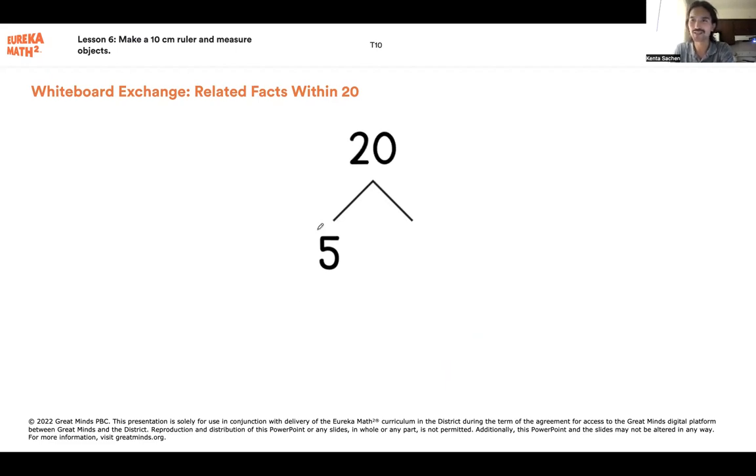Ooh, 20. 20 is a big one. 20 is like 10 2 times. I know that 10 is 5 and 5. So 20 is 15 and 5 is 20, right? But 15, 16, 17, 18, 19, 20.